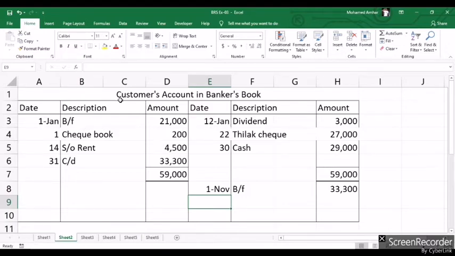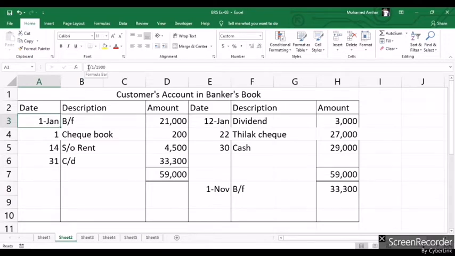So here the customer's account detail is there. Using this detail you have to prepare the bank statement. When you prepare the bank statement, it should be prepared according to the date order. Here the first date is 1st of September.